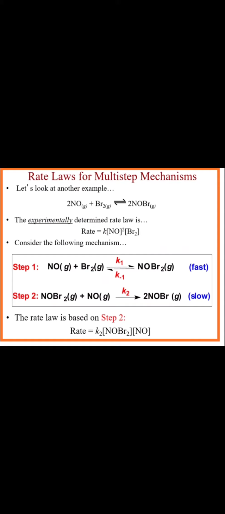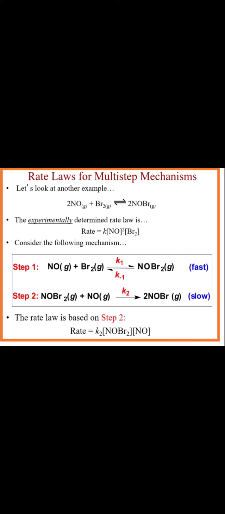Let us see another example, that is, 2NO gas reacts with bromine gas forming twice NOBr. Experimentally the rate law is: rate is equal to K into concentration of NO raised to 2 into concentration of bromine. It consists of two steps. Let us see the two steps involved in the reaction.